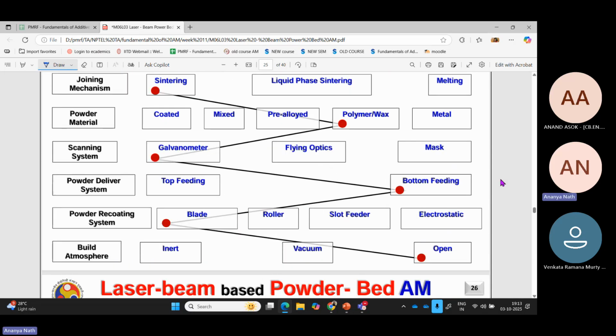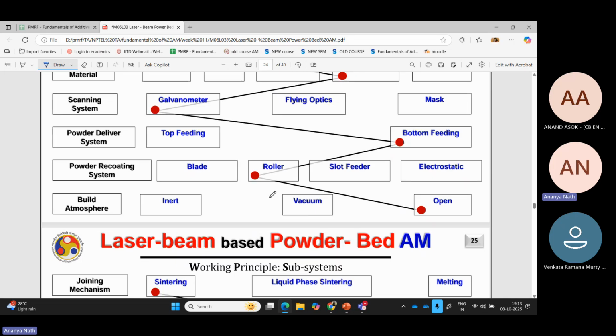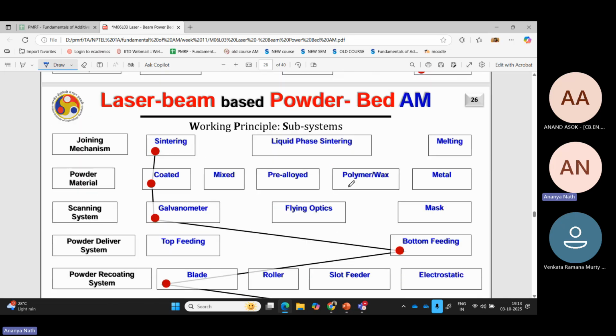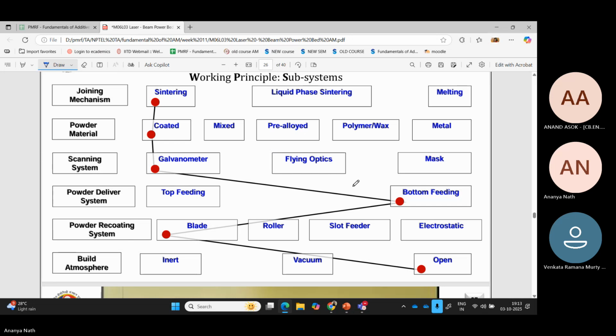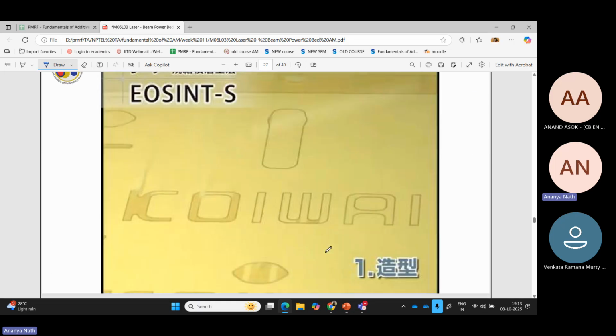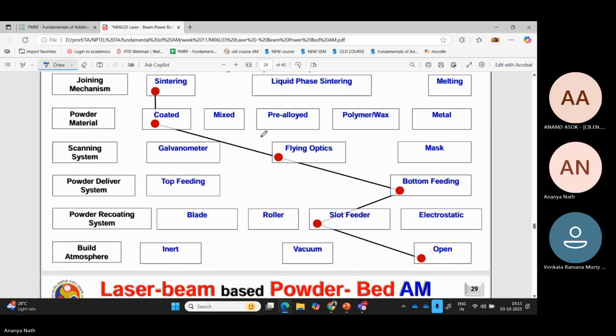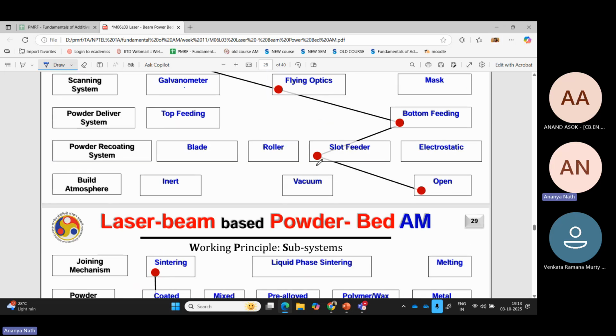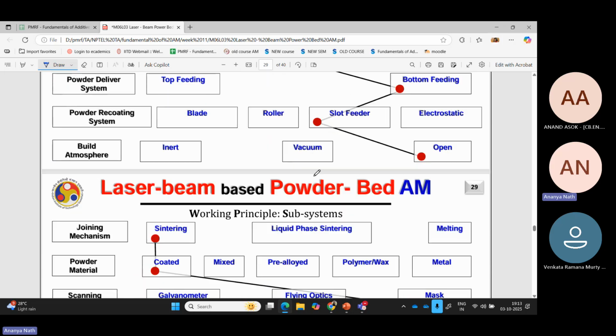Then, bottom feeding with the roller; we can have blade systems as well. So different companies sell different types of systems. Then sintering, but instead of polymer, we can have coated material. Then instead of galvo scanner, we can have flying optics, where the scanner-based systems basically can move.